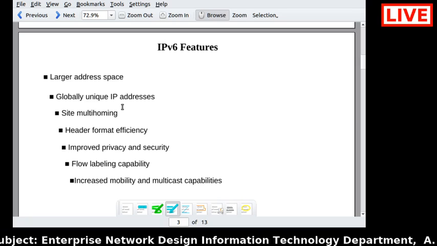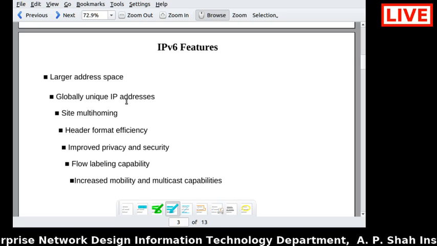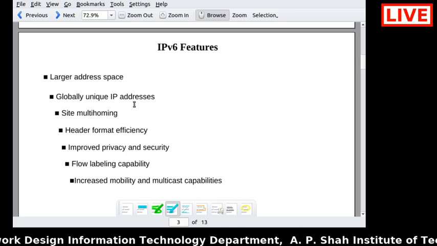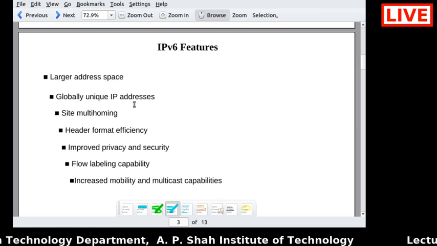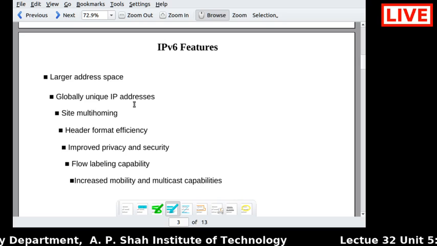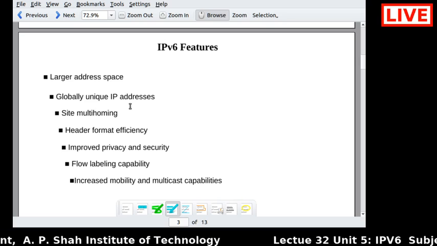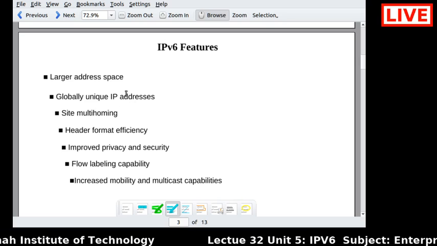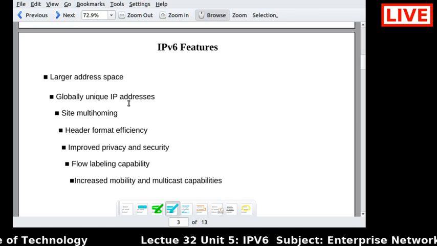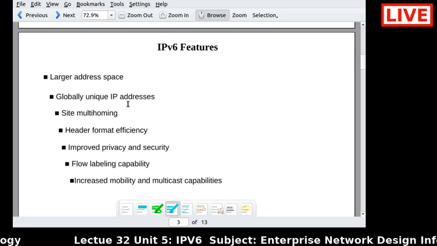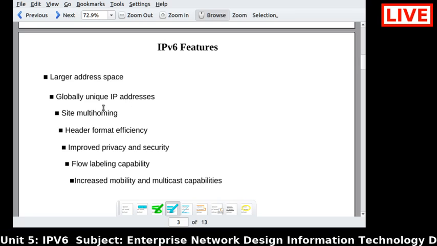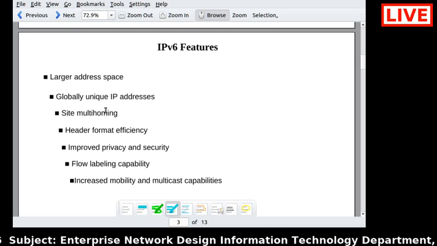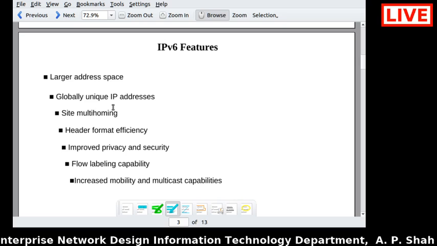Because in NAT you need to hide the private IP addresses and showcase your public IP addresses, right? That is not the case with IPv6, right? So there is no need for NAT if you are concerned with IPv6, right? Then site multi-homing, that means if IPv6 which we are going to use, right?